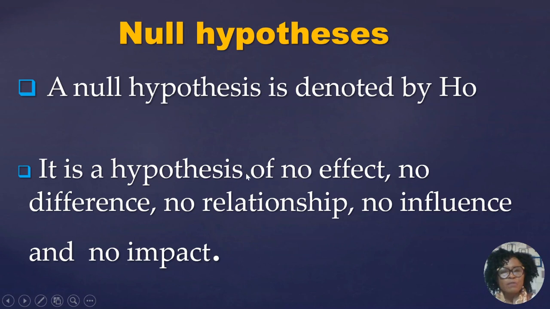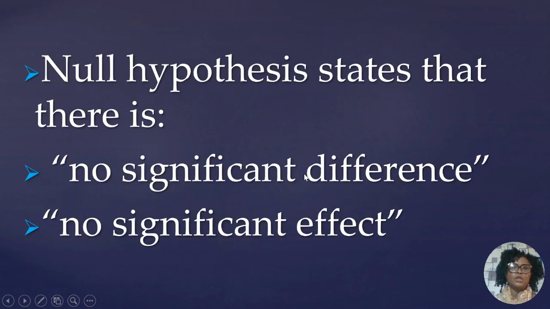It is a hypothesis of no effect, like I have said before, no difference, no relationship, and no influence or impact. Null hypothesis says that there is no significant difference. Remember, I say a test for no difference. So it is not just no difference as you test; it tests for significant difference.